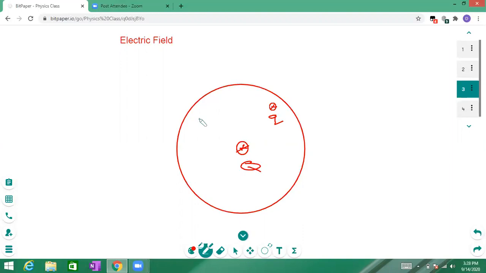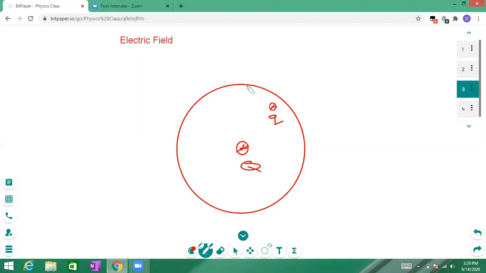Only inside this region, this charge will feel the force. So every charge, when placed, creates some region of its influence around it, and this region is called the electric field.